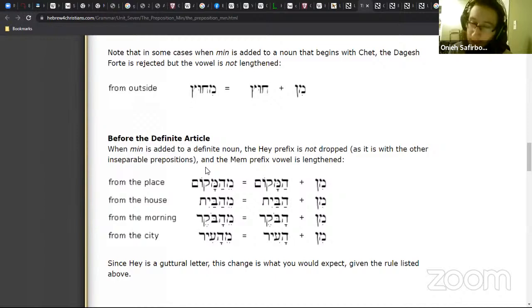It's not actually written, but it is pronounced. But when you use mem, you have to still write it. If you don't write it, then it's assumed it's not the. But if it was bet, the prefix bet, the letter B at the beginning of a noun, the hey would disappear.